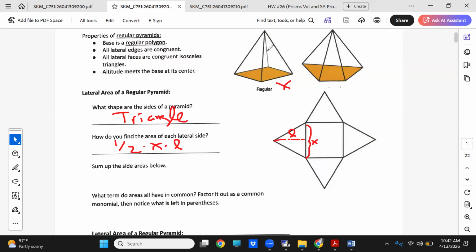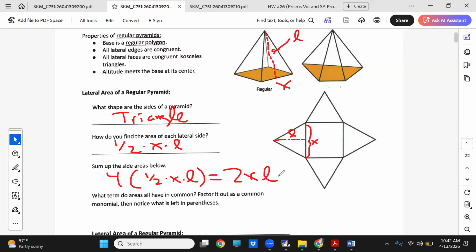So I'm calling this X. That's a little bit crappy drawing. Okay, still not great, but I'll call it L. So sum up the side areas below. That's 4 times 1/2 times X times L, or 2XL.